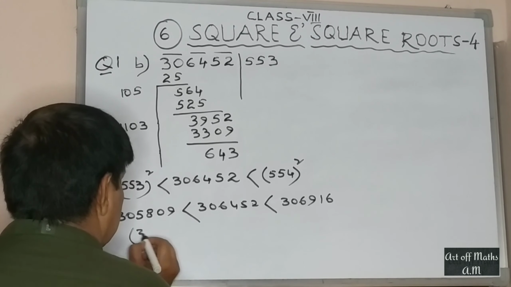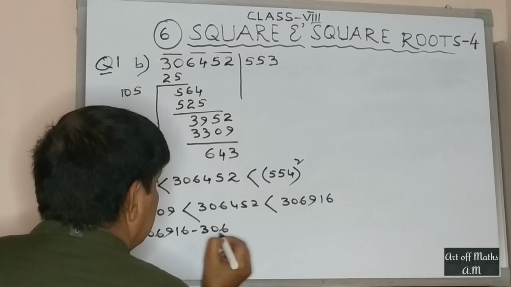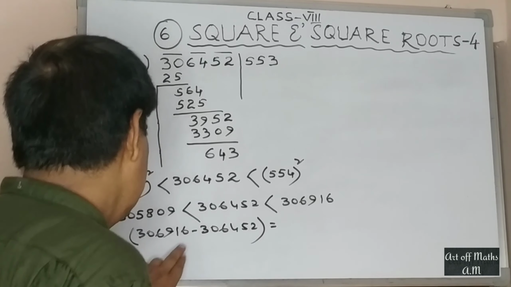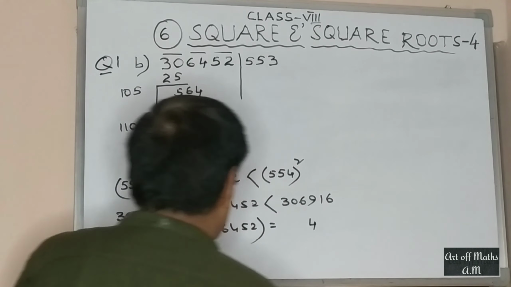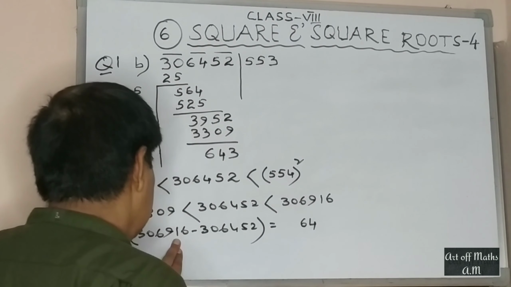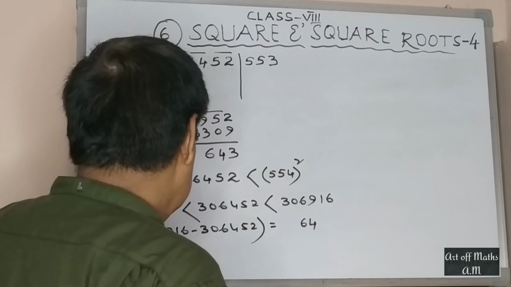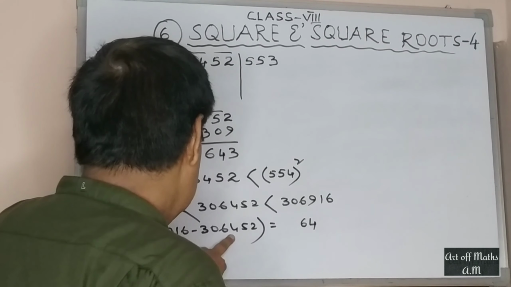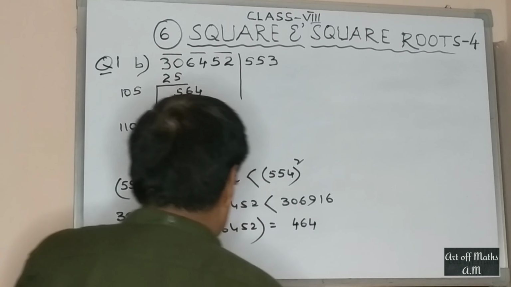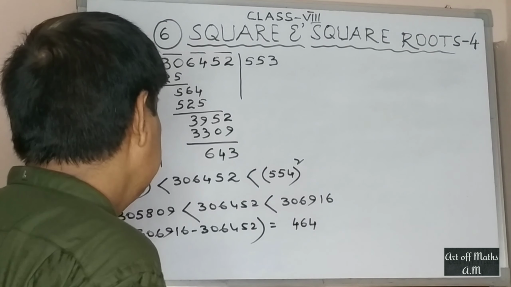So 306916 minus 306452, it will become 464.